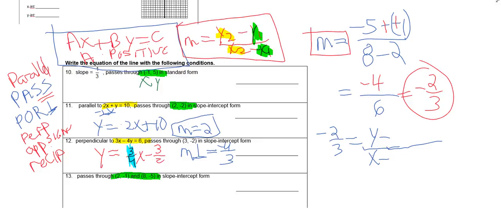So we have y minus a negative 1, and we have x minus 2 on the bottom. Of course, remember, this is adding the opposite again. So we have y plus 1, and on the bottom we have x minus 2, and we're going to cross multiply.